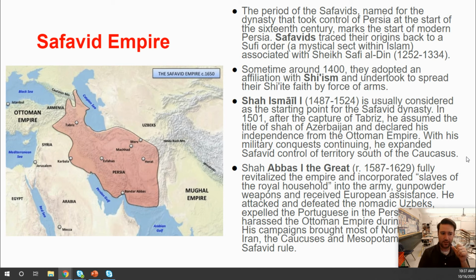And so in 1501, he begins to capture territories using, guess what? Gunpowder weapons. And so he captures Tabriz and continues to expand his empire and assumes the title of the Shah of Azerbaijan, which is a territory that they're connected to.